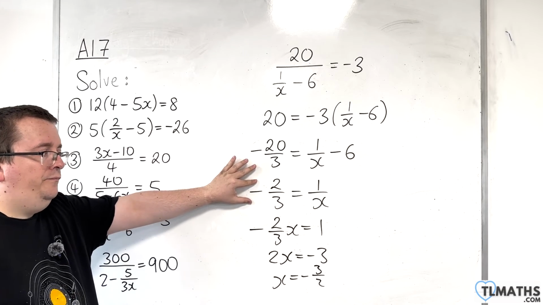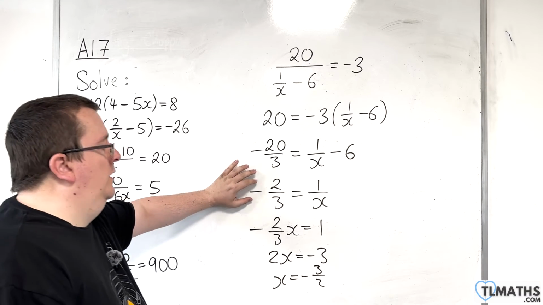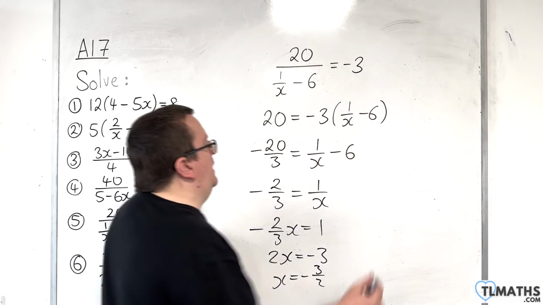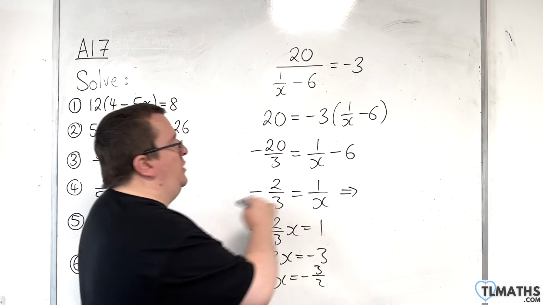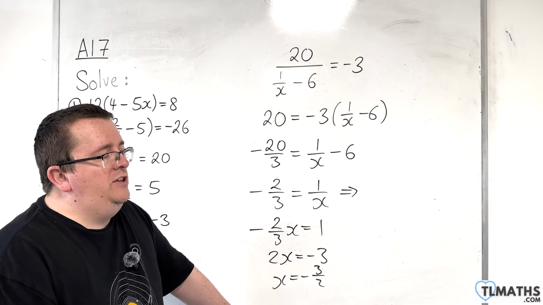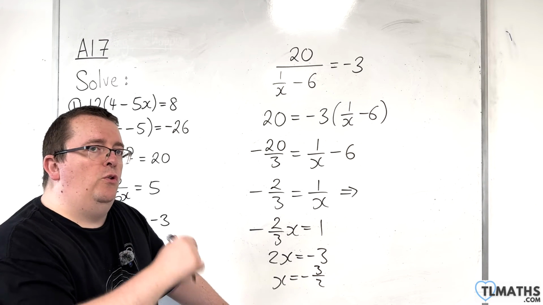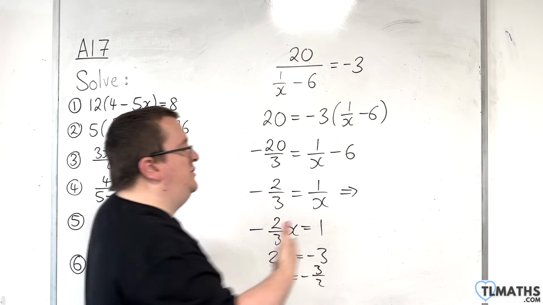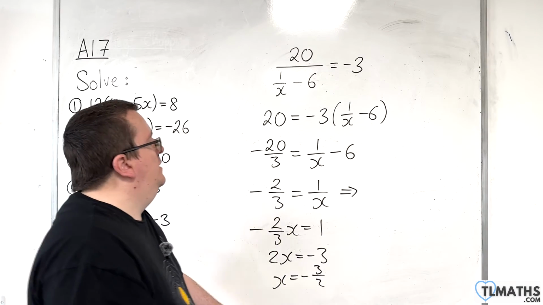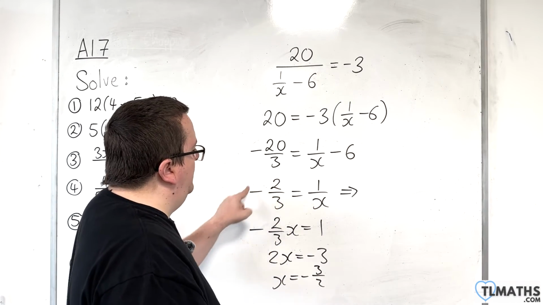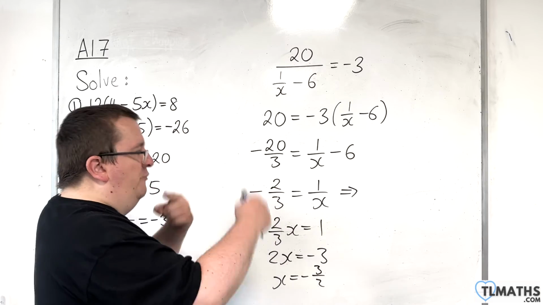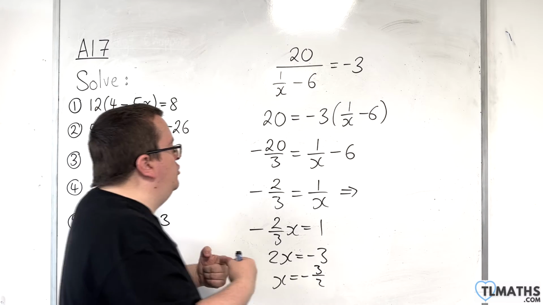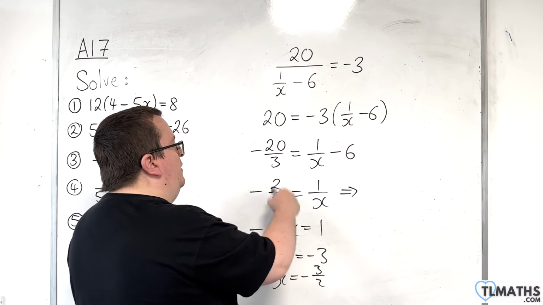Now, one thing that you can do, which shortcuts this, which is really useful, is if you have a fraction equals a fraction, you can take the reciprocal of both sides. If you find the reciprocal of both sides, it does not change the equality. The reciprocal of minus 2 thirds just flips the fraction round, so the minus sign stays, and you get minus 3 halves.